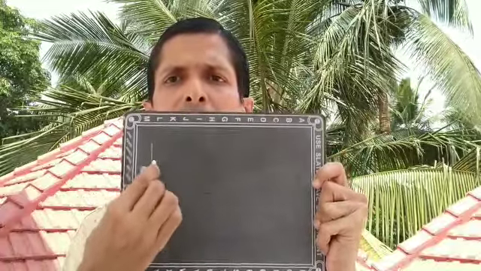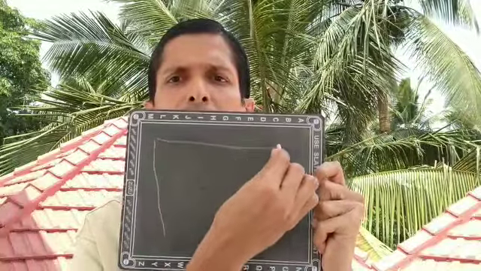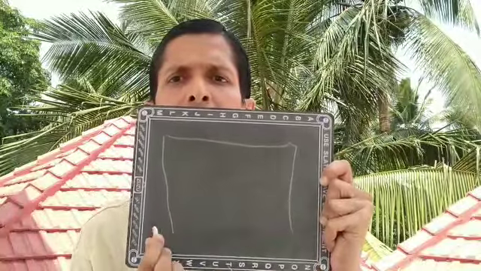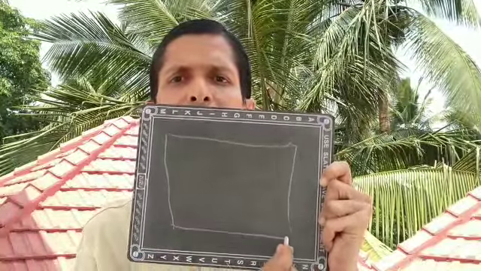The format for the email is very simple. We just need to draw a table and fill in the particulars. Let us see how we draw the table. This is what we have to do in our answer book when we appear for the exam. We need to draw a table. It should be something like this, but surely better than this.